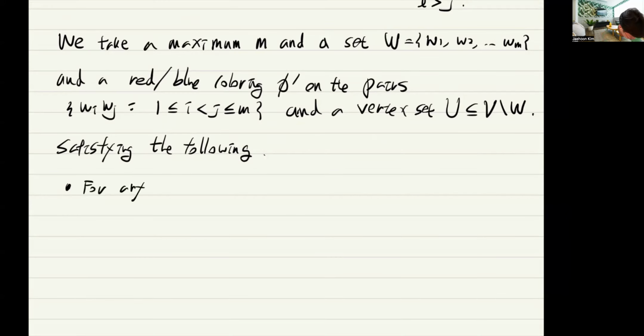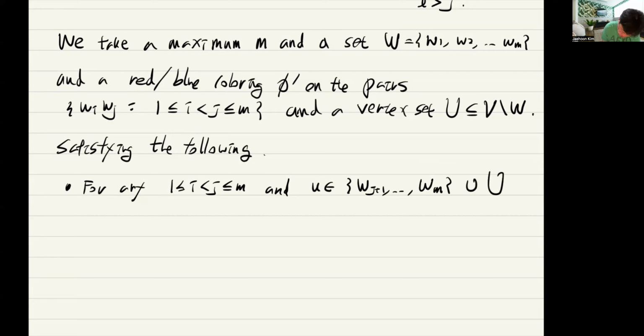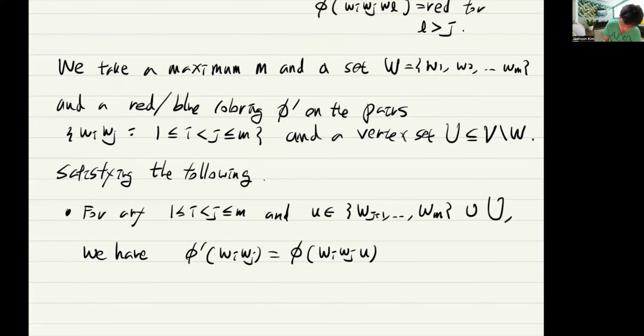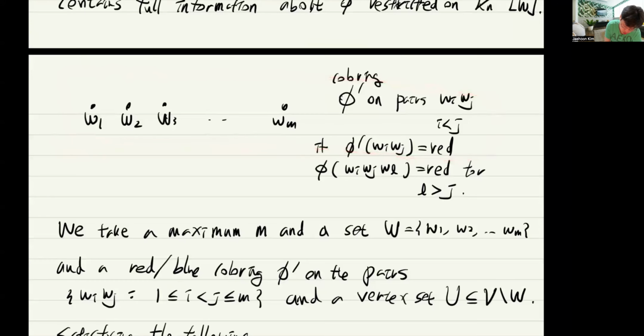For any i and j, and a third vertex u, which is either Wj+1 to Wm, or a vertex in U, we have that pi prime of WiWj is the same as pi of WiWjU. So the property we want is that if this pair is red, then all the triples here are red.